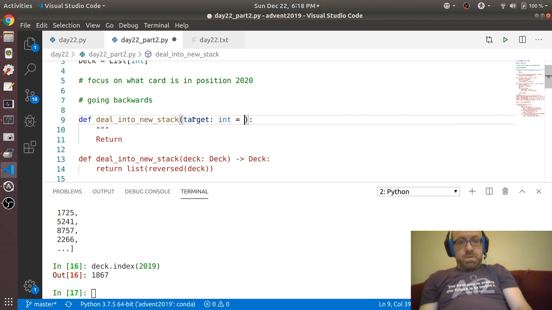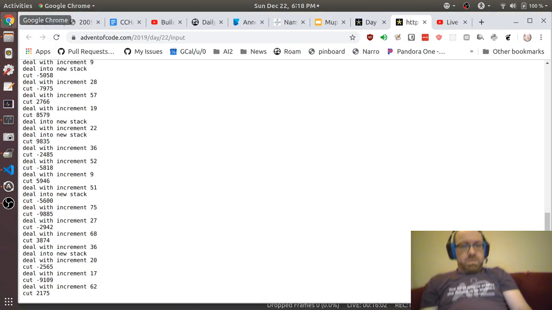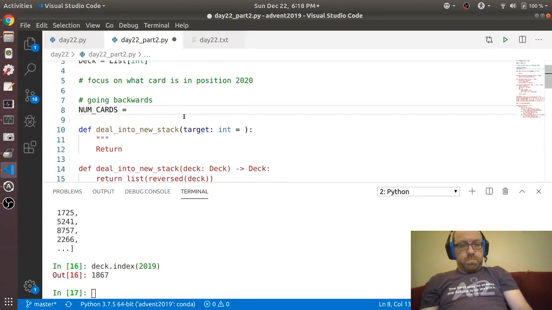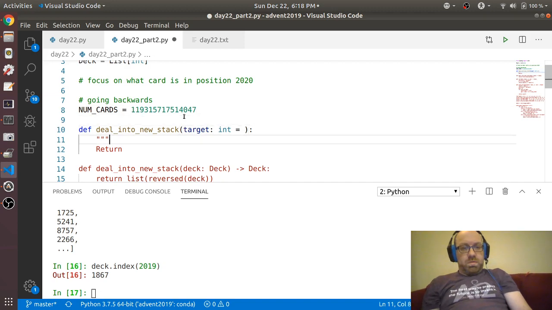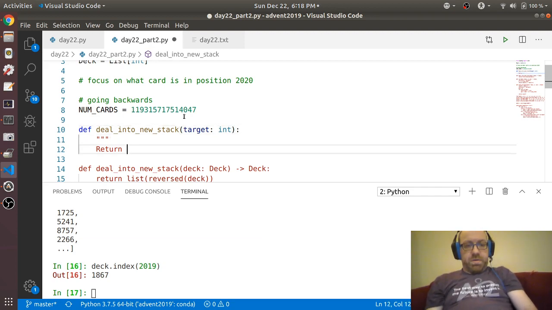Target, and let's say num cards equals this. Okay. Target int equals, I was going to just do that. Return the location of the card that ends up at target.